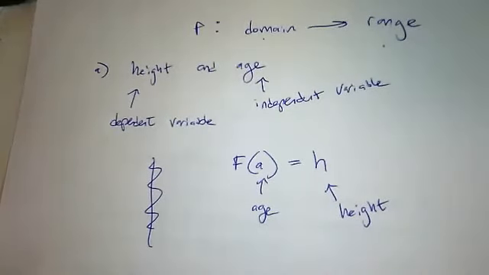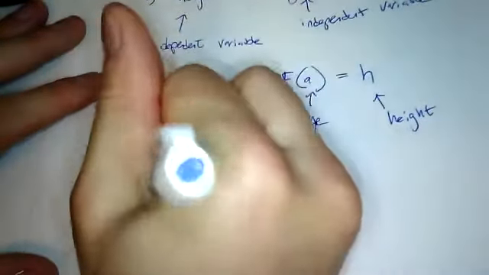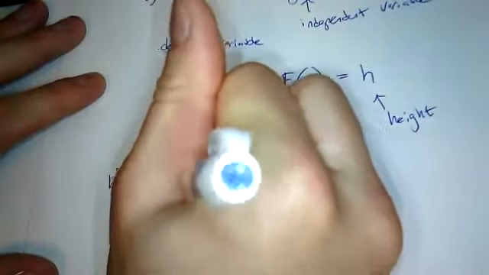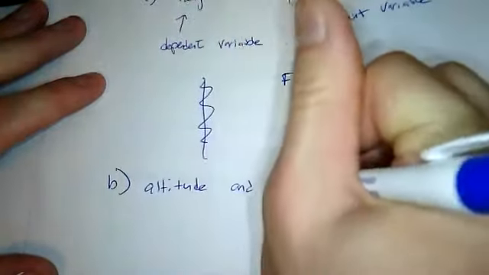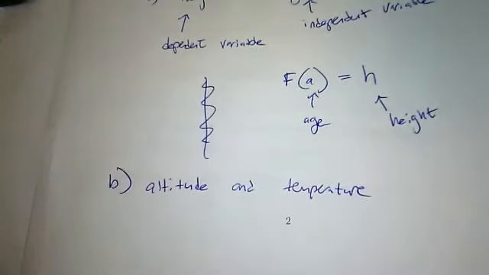What's another one? Any others? I mean, there's infinitely many. What about altitude and temperature? Suppose you're climbing a mountain. It's got to be a really tall mountain, it can't be like a mountain in New York or anything. It's got to be like Everest.